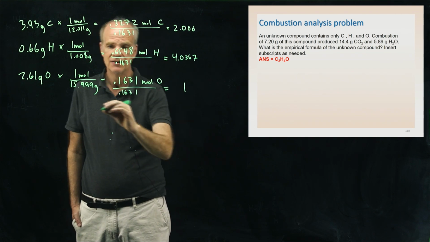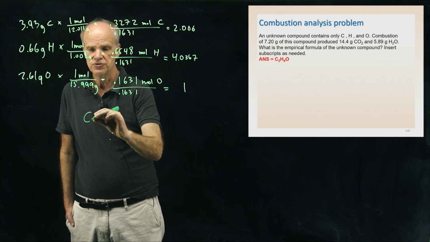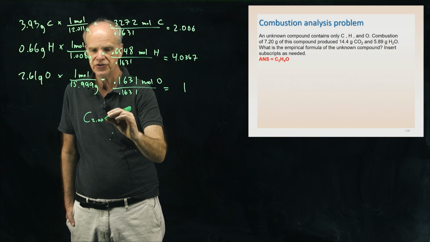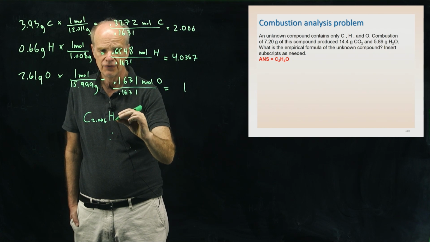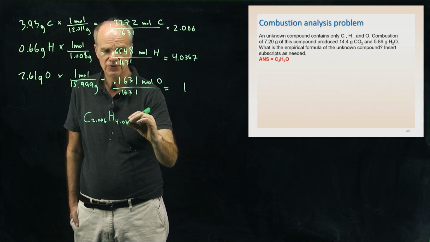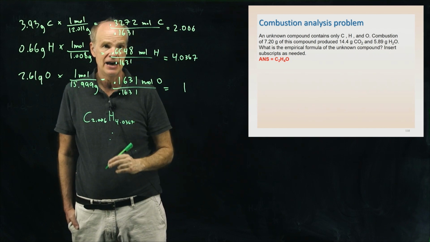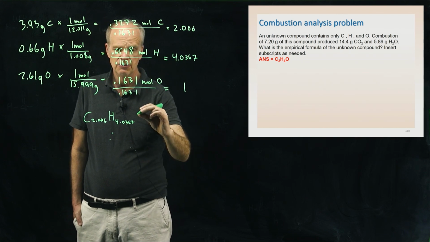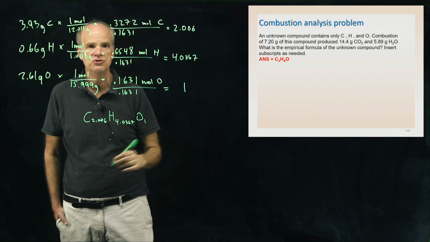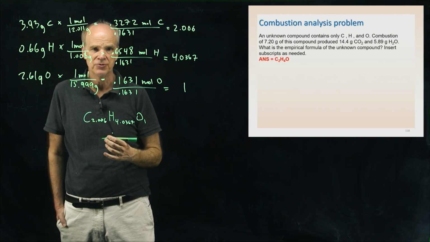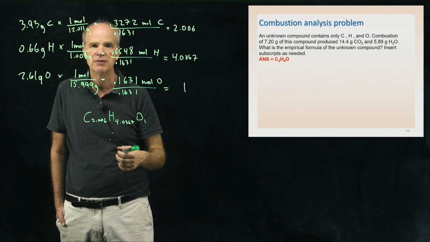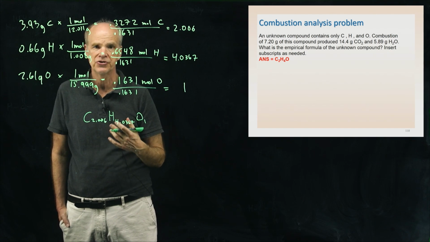So we now have a nice mole ratio of atoms. You can see that for every 2.006 atoms of carbon, there are 4.0367 atoms of hydrogen bound to it, and then we have 1 oxygen. But as you know, you cannot have decimals or fractions of atoms. What you have to do is take these numbers and round them to the closest whole number.